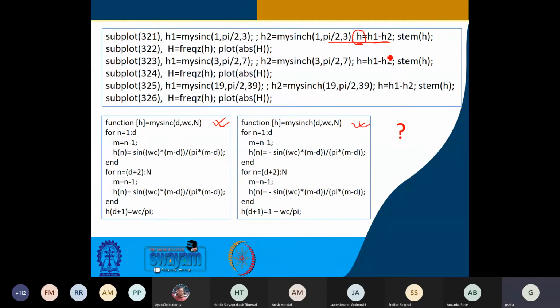If I have a system represented by H1, where H1 is a low pass filter, and another system H2, which is a high pass filter, and a subtractor, so this side is plus and this side is minus.